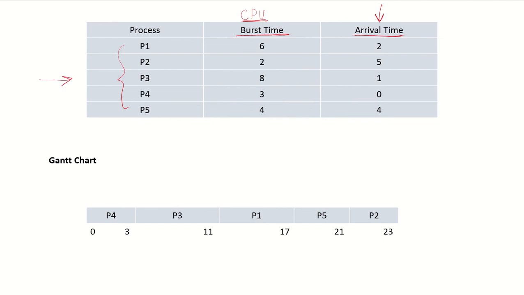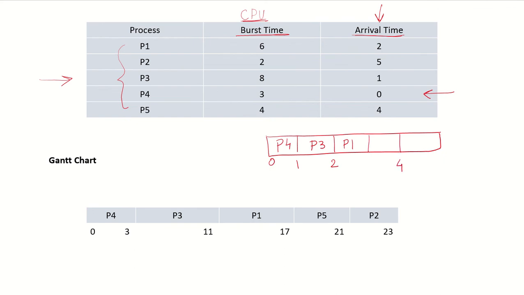So as you can see, if we check the arrival times, process P4's arrival time was 0, followed by, if we draw the ready queue, P3 at time 1, then P1 at time 2, at 3 no process had arrived, at 4 P5, and at 5 process P2 had arrived. So this is what our ready queue looks like, and the first process to arrive is P4.